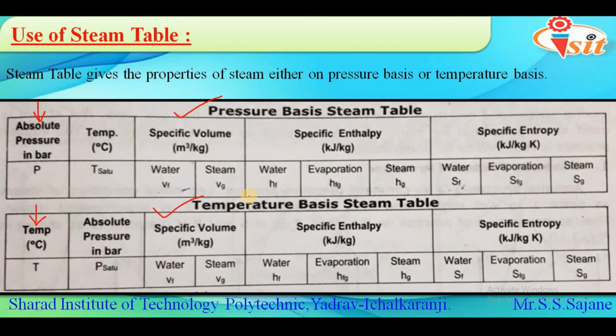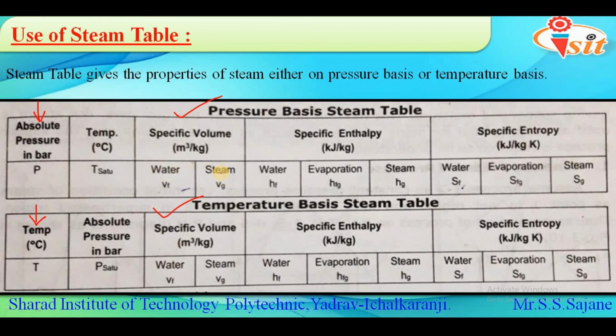We can also observe some notations given in this table, such as P, which is nothing but the absolute pressure of steam in bar. Then again we have T saturation, that is the saturation temperature in degrees Celsius. In the case of specific volume, we can see two columns, one for water and the other for steam.